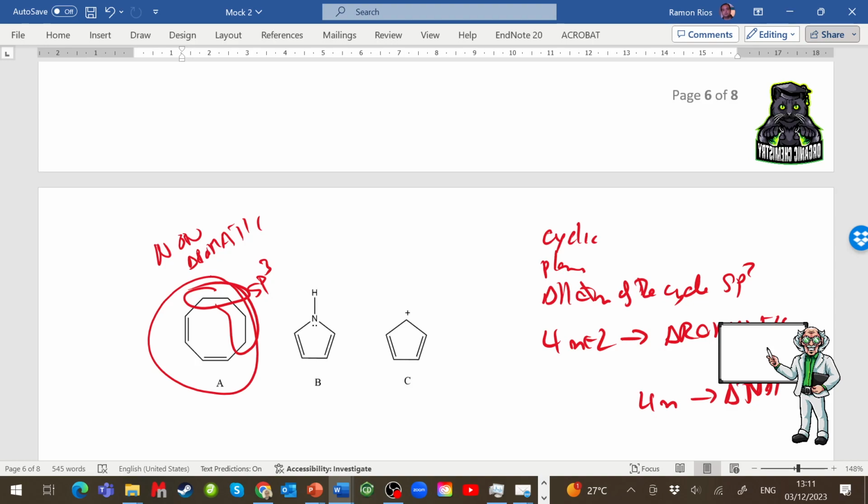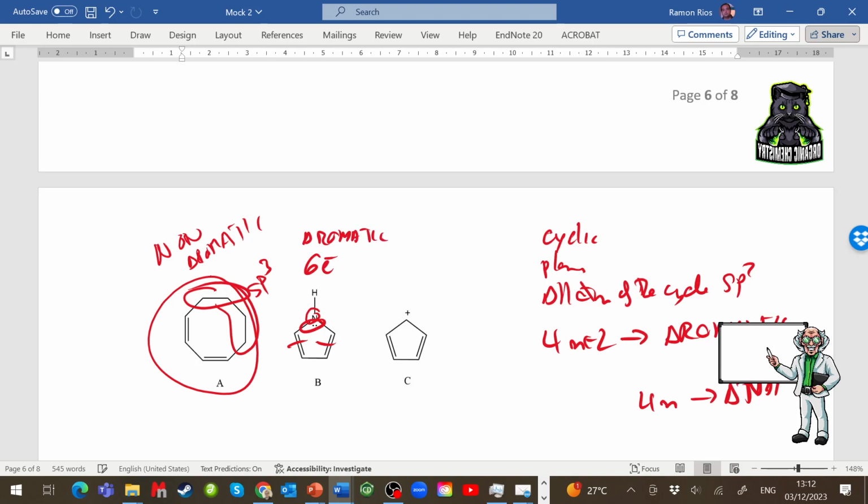That means it is non-aromatic. Next one, B, we have cyclic, planar, all atoms sp2. We can hybridize this nitrogen as sp2 because we have a pair of electrons, and we can put this pair of electrons in the pz orbital. Then we have 2, 4, and these 2, 6 electrons, aromatic.